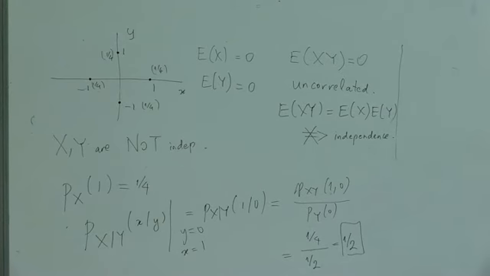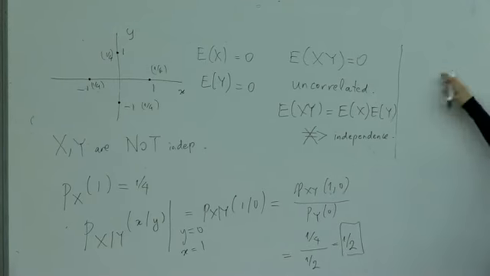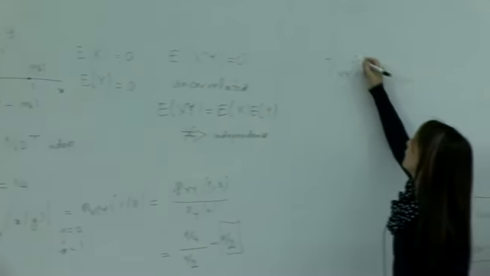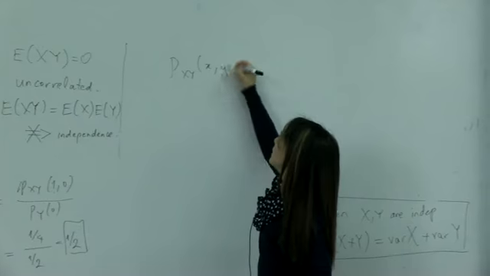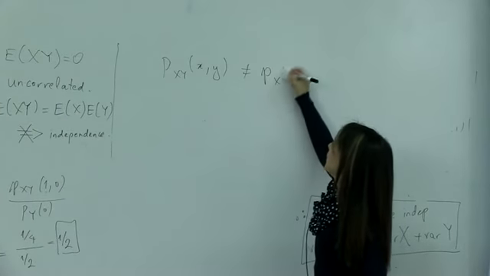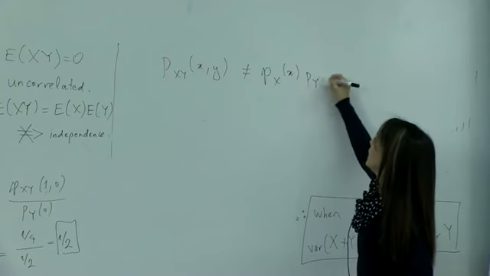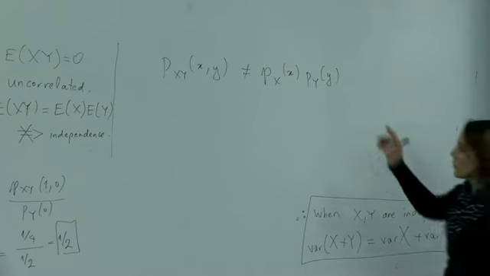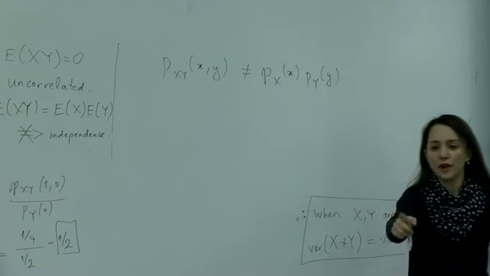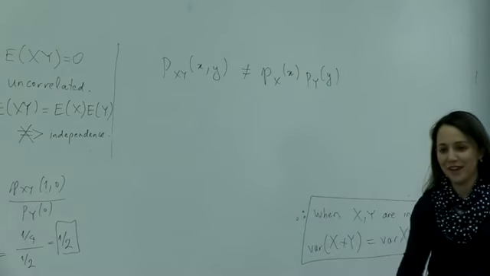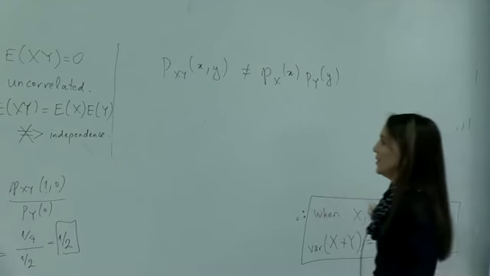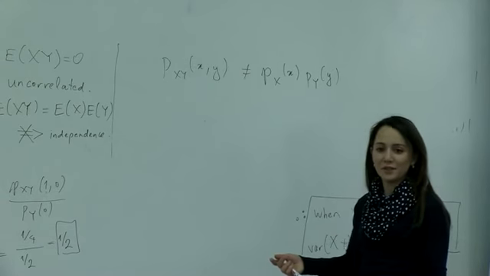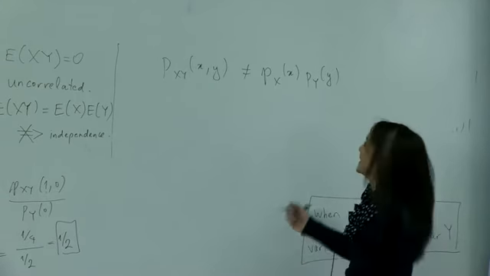If you want to use a counterexample that shows that Pxy, x y does not break into Px of x, Py of y, let's do that with another point. Pick a value for x. Maybe a different value. -1.